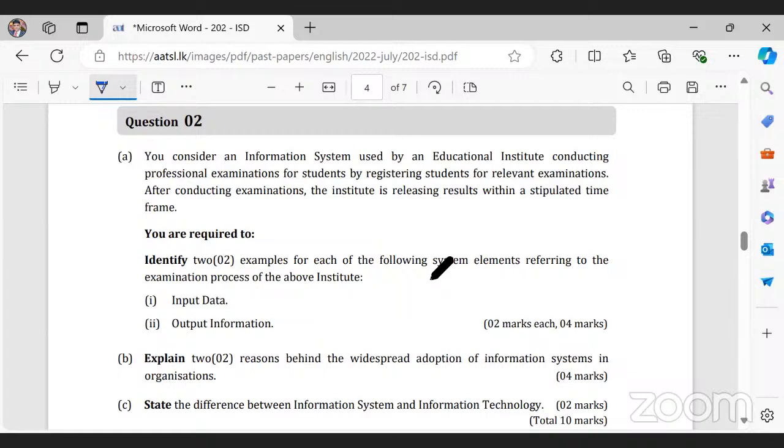After examinations, the institute is releasing results with a stipend. You are required to identify 2 examples for each of the following system elements referring to the examination process of the above institute, input data and output information.